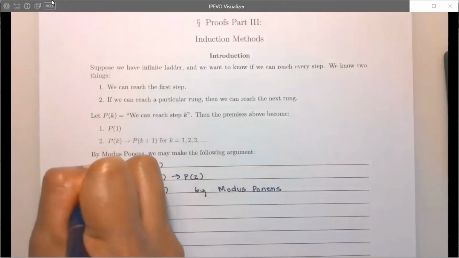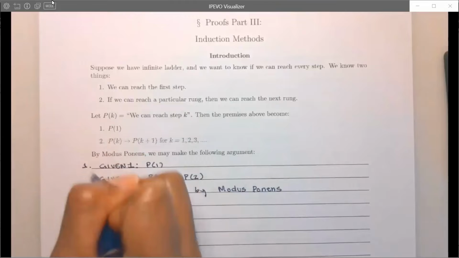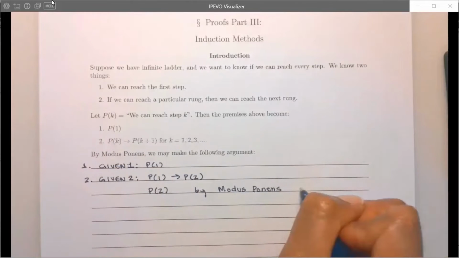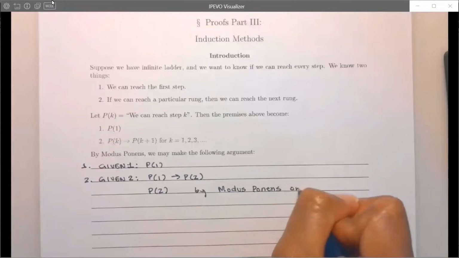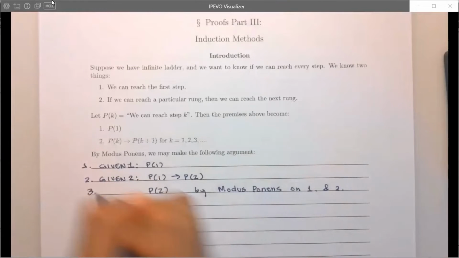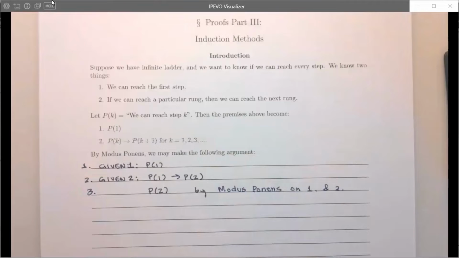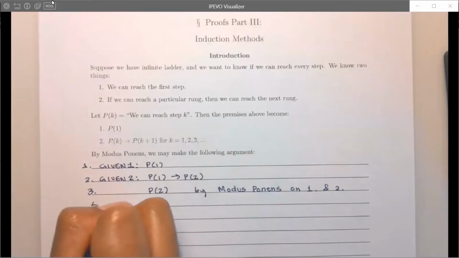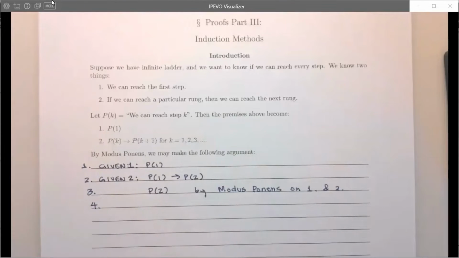And just so that we can keep track of all of the conclusions that we're drawing, I want to say by modus ponens on the first and second statement, and this conclusion will be our third statement. Let me first analyze what this means. This means that we can reach the second rung, the second step.